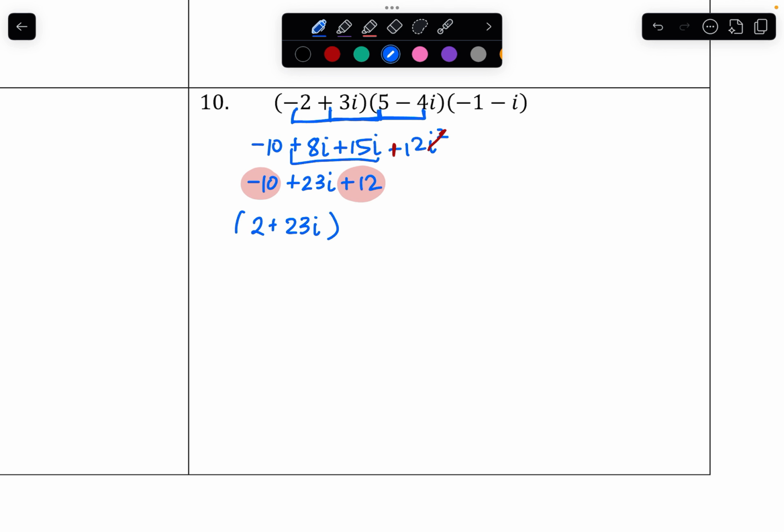Okay, and so put that back in parentheses because we still have this other complex number to multiply at the end. So -1 minus i.